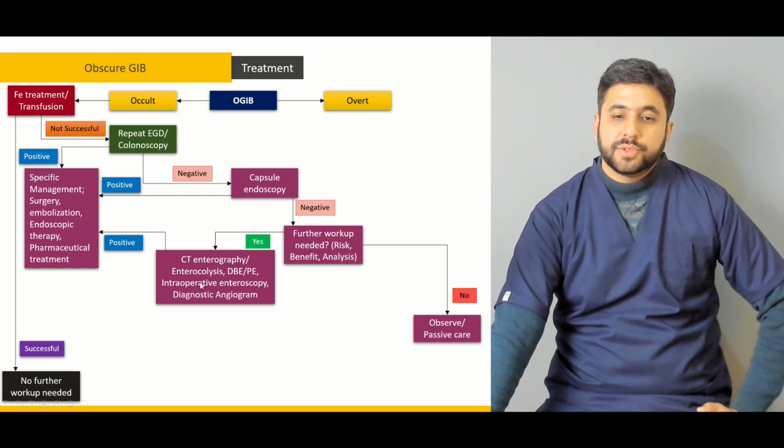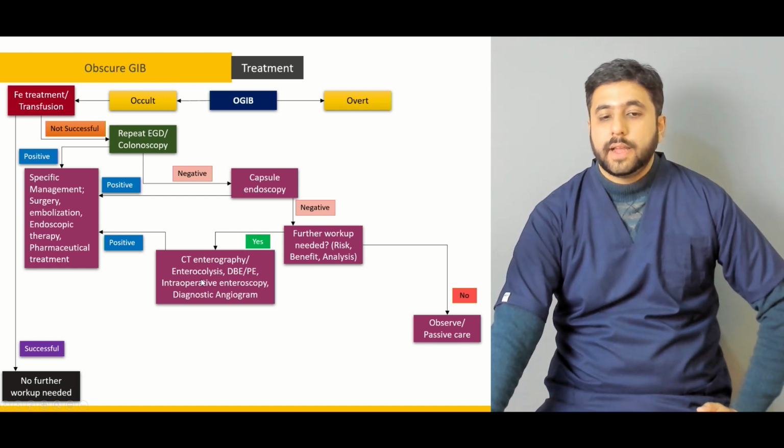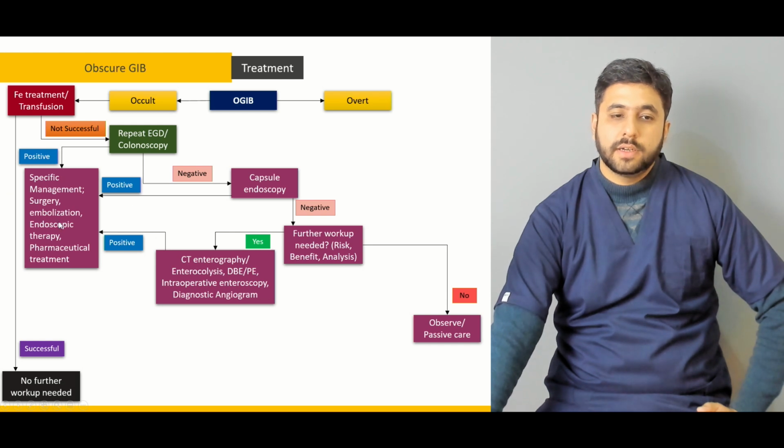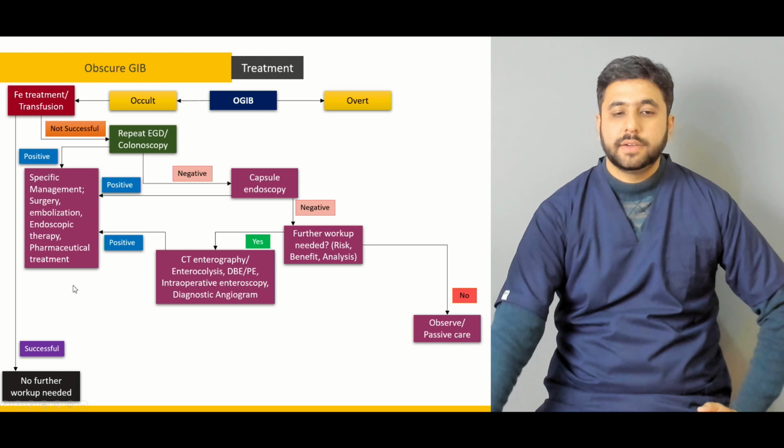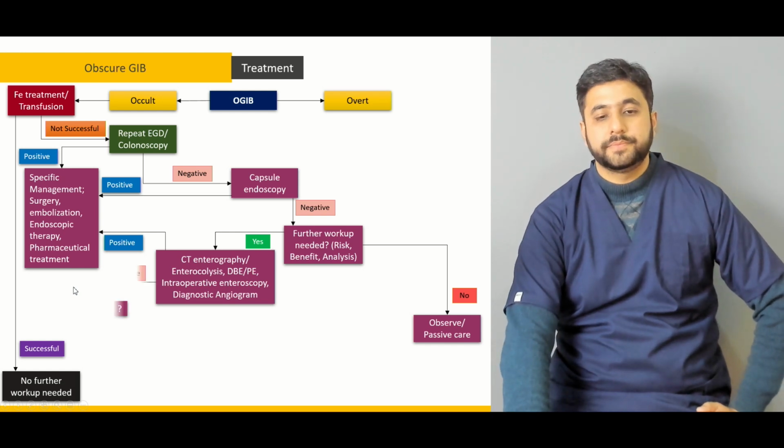We have done an advanced procedure in someone and we have found a source of bleeding. Again, we revert to this area of specific management. What are the various options we have, whether this is endoscopically embolizable, or we can do an angiography and fix this, or whether this is manageable medically.